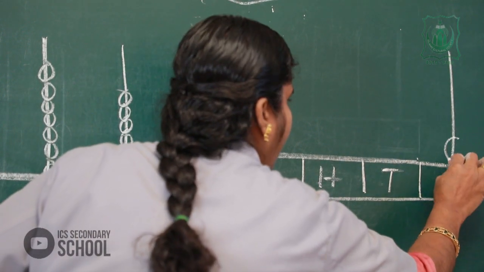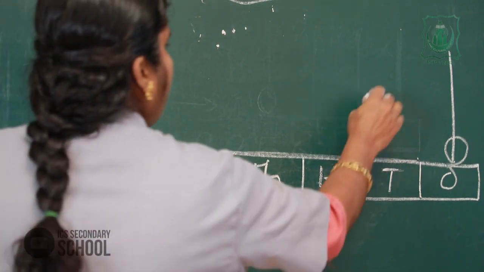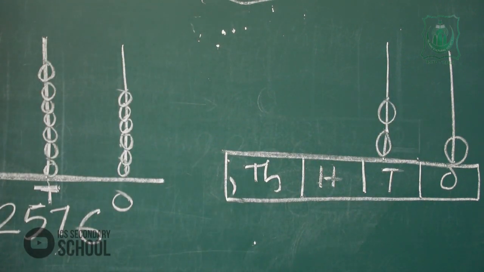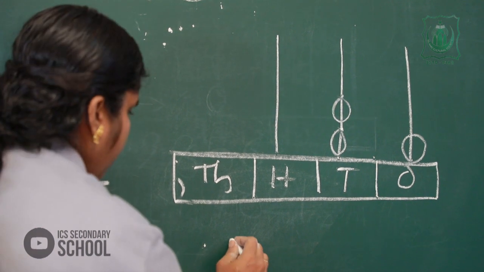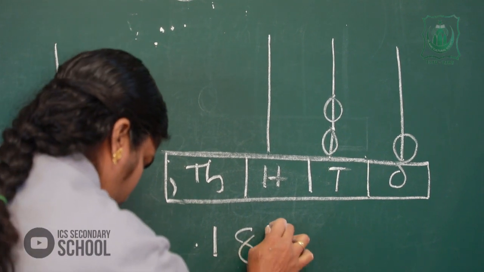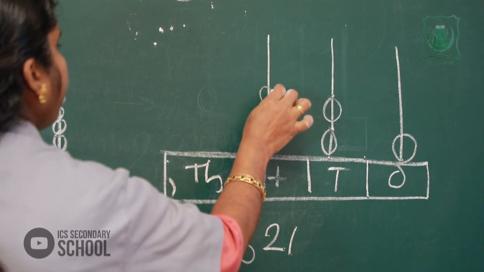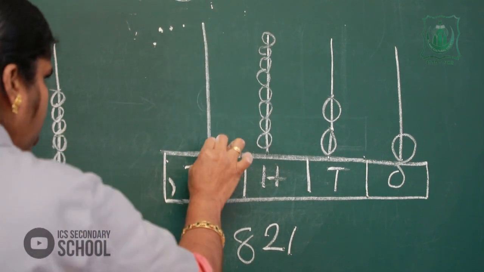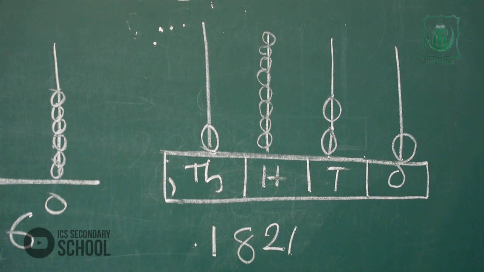We draw the 1 bead on the 1 place spike. Okay, next one, 10 position, 2 beads. Next 100 position, number is 8. Okay, 1000 position, we get only 1 bead. Okay, got it?